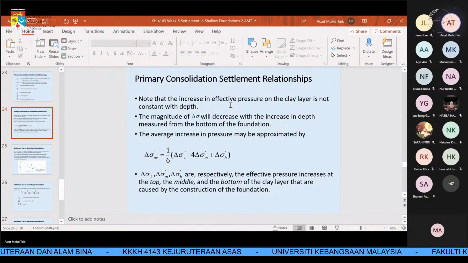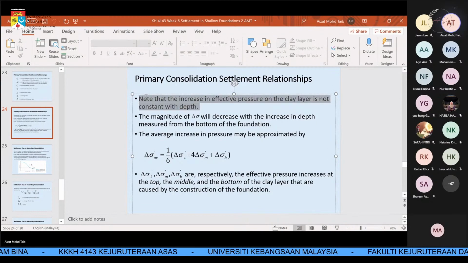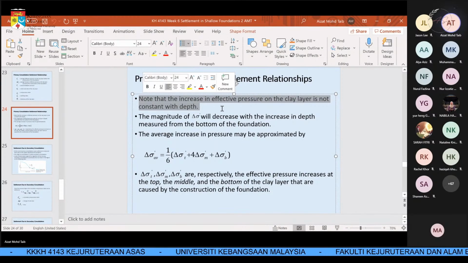Note that the increase in effective pressure on the clay layer is not constant with depth. Okay, so this is bukan clay saja sebenarnya. Apa-apa pun the effective pressure will never be the same for the same depth. But in clay it is very visible lah. The magnitude of the changes in effective stress will decrease with the increase in depth measured from the bottom of the foundation.